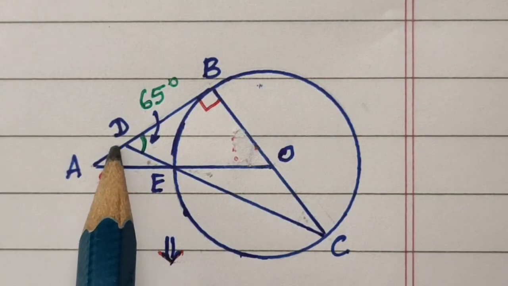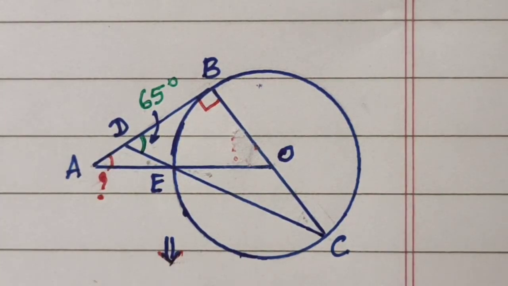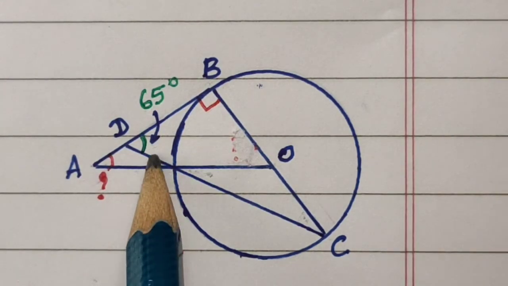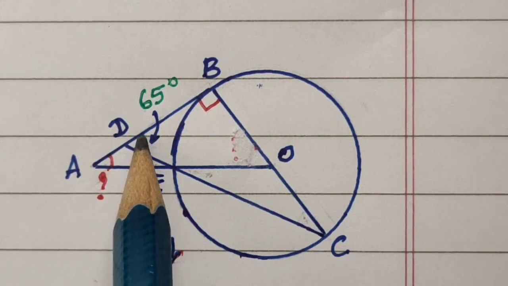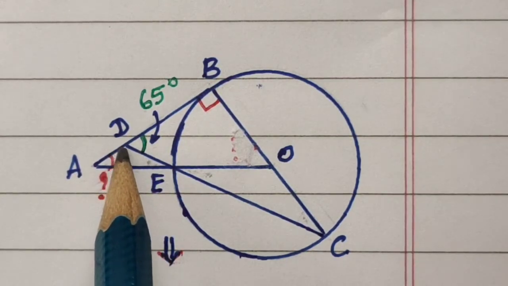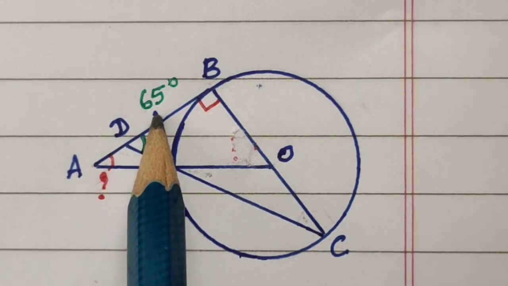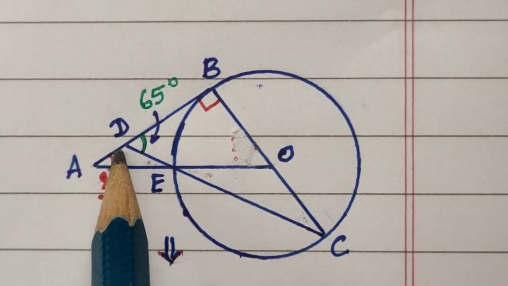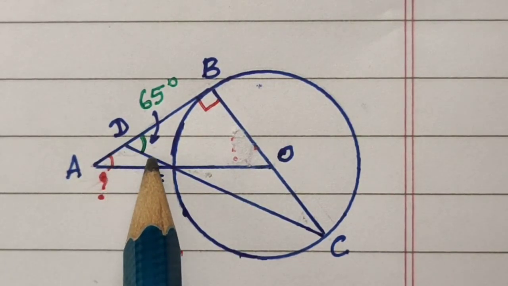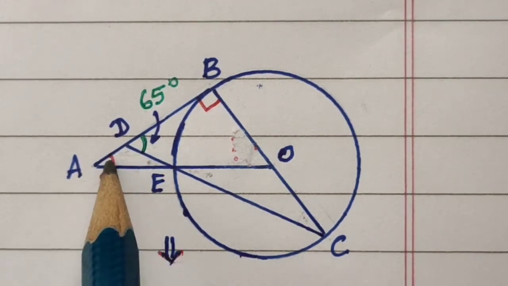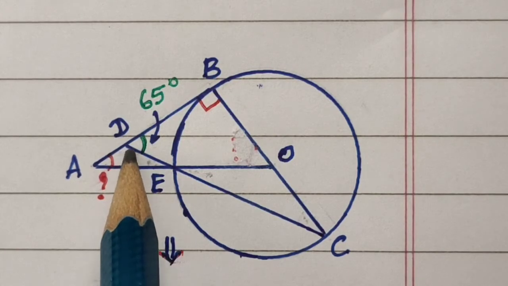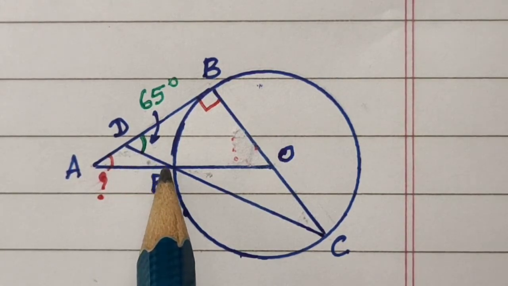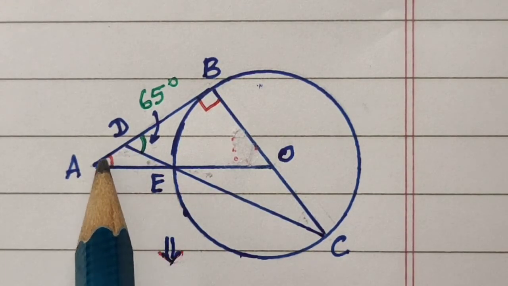We need one more angle, because in a triangle we need to know two angles to find the third. Here there is 65, and the whole angle on the line is 180, so 180 minus 65 will give this angle. 180 minus 65 is 115. Then 180 minus 115 minus 25 will give this.